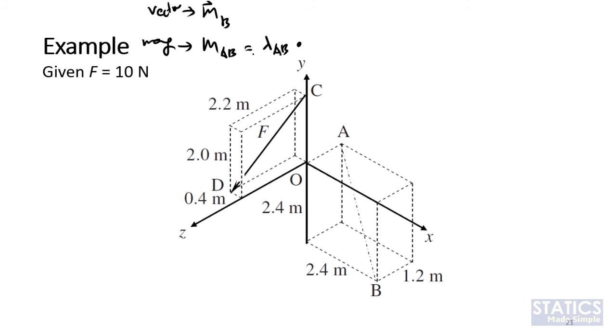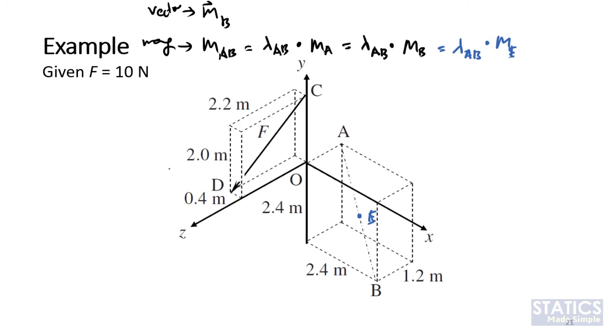So MAB equals to lambda AB dot with moment about point on axis AB. So it can be moment at A, or it can also be moment at B, or if we want to be fancy, let's say this is point E, it will also be equals to lambda AB dot moment at E. Okay, it will still give you the same answer.